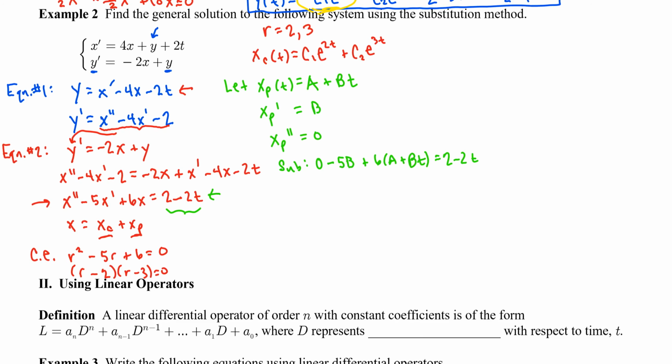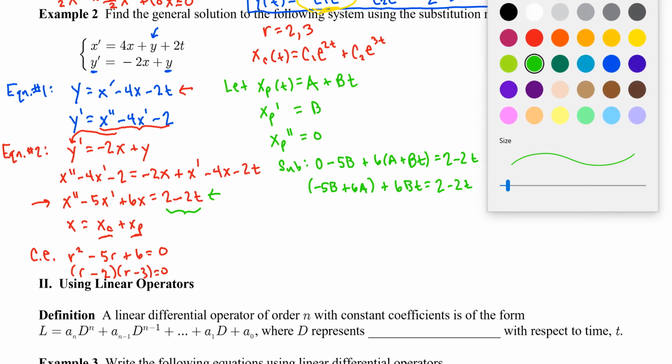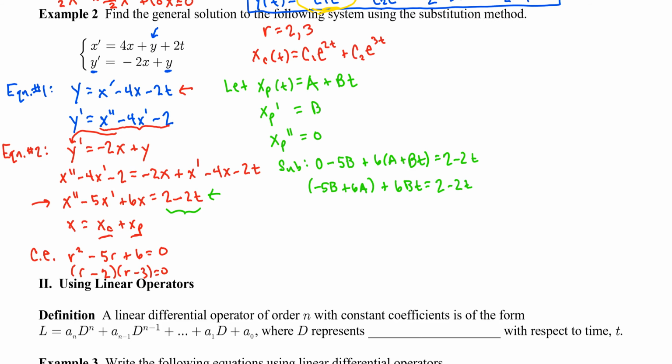So let's group our constant terms together and our linear term together. Then we set corresponding coefficients equal. So I want my constants equal and I want the coefficients of t to be equal. We obtain the equations negative 5b plus 6a equals 2 and 6b equals negative 2.